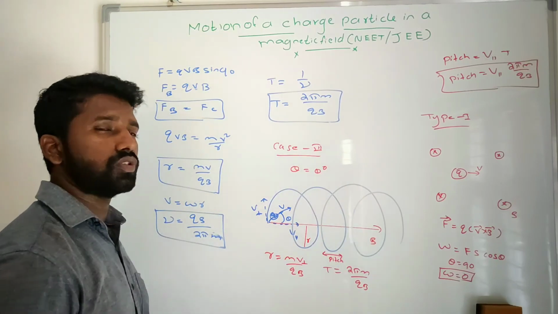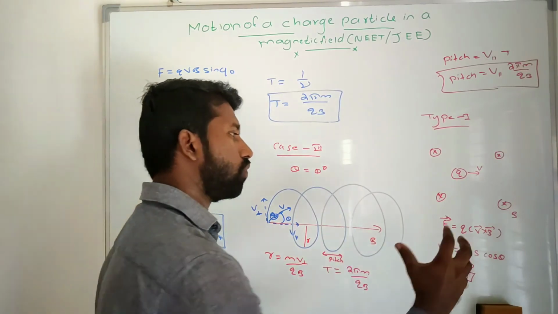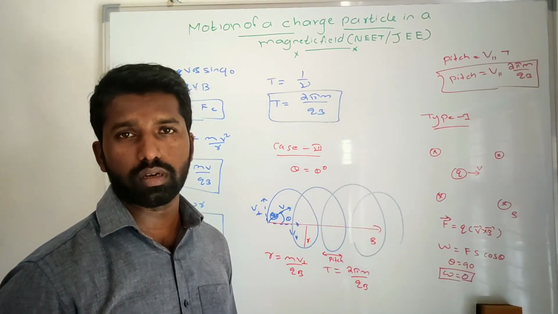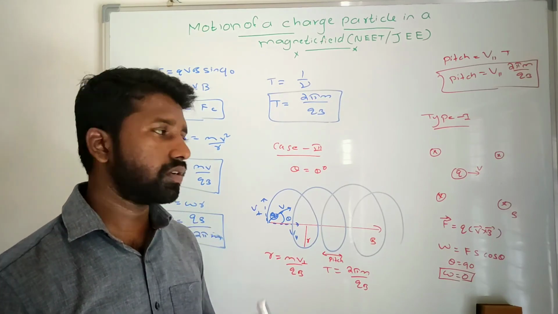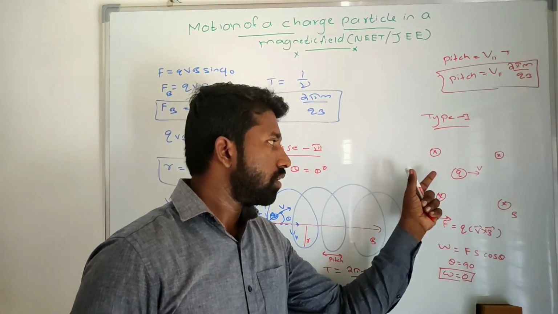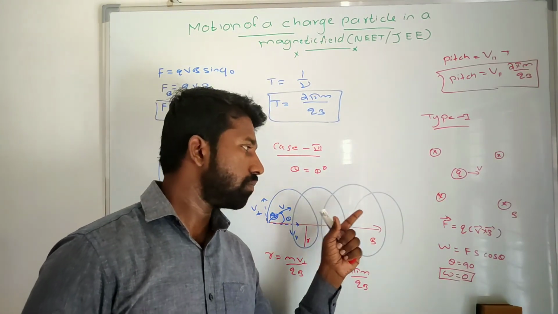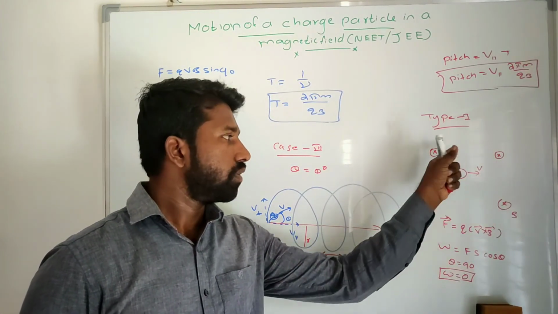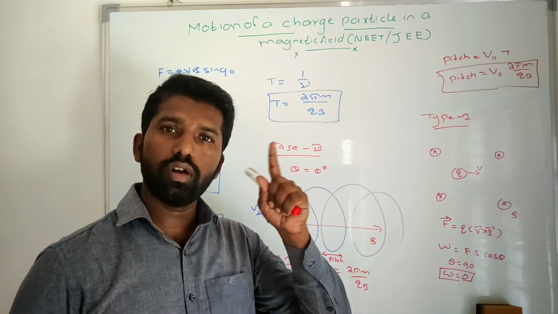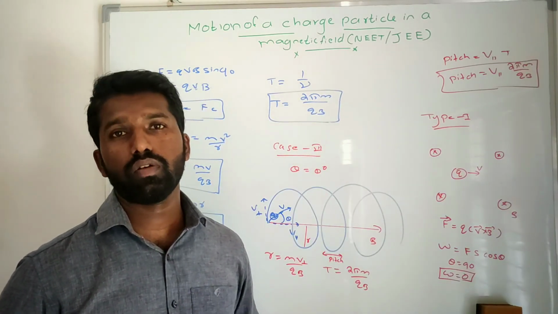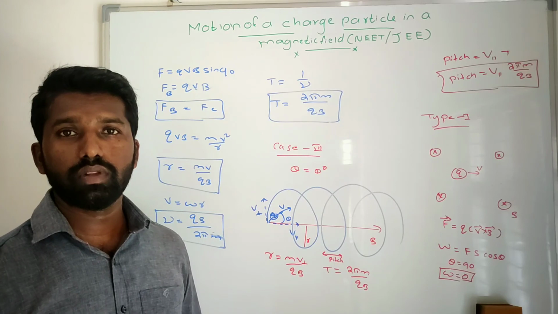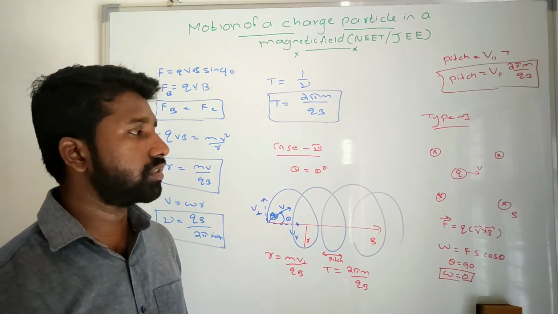So that means this magnetic force does not do any work on the charged particle. That means this magnetic force cannot change the magnitude of the velocity. It will only change the direction of the velocity. It will only change the path.